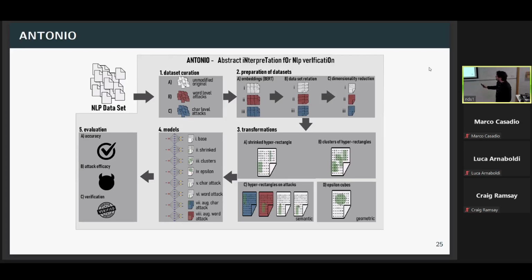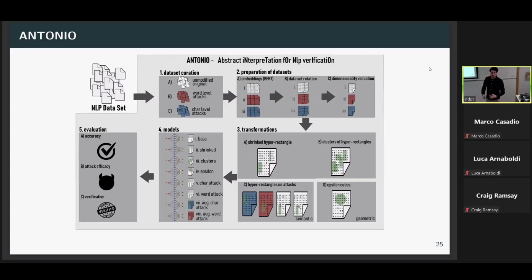Then we create the hyperrectangles. So we will have hyperrectangles, some clusters of hyperrectangles, epsilon cubes as well. Before I talk about epsilon balls, because that is what is usually used in the verification of neural networks.